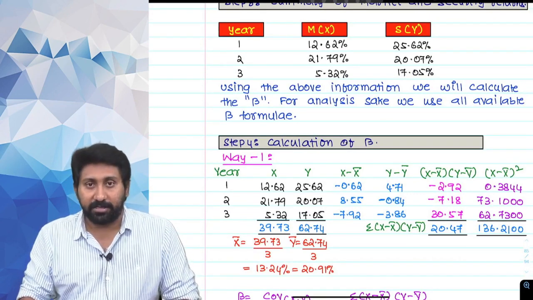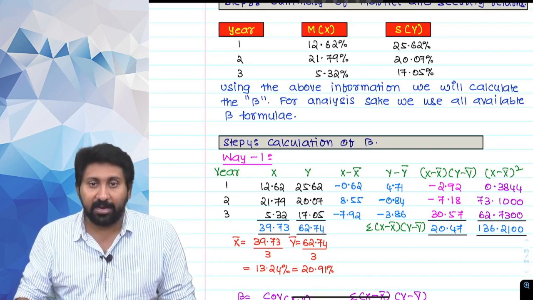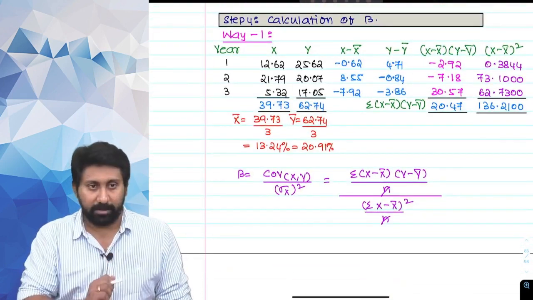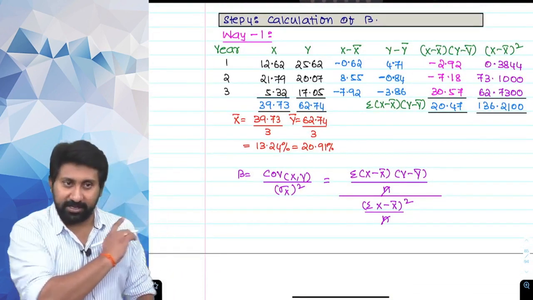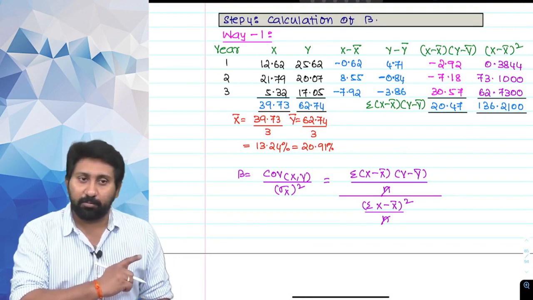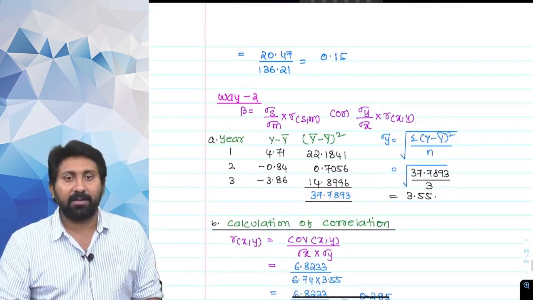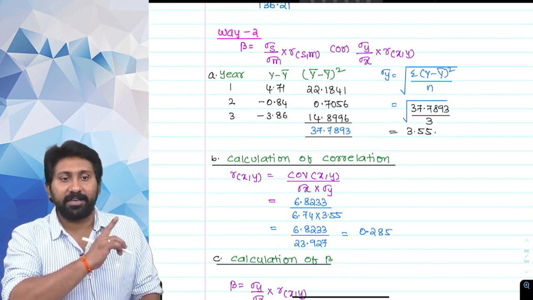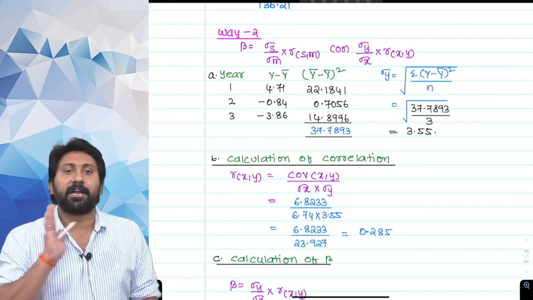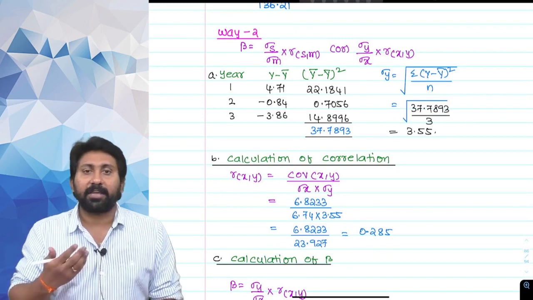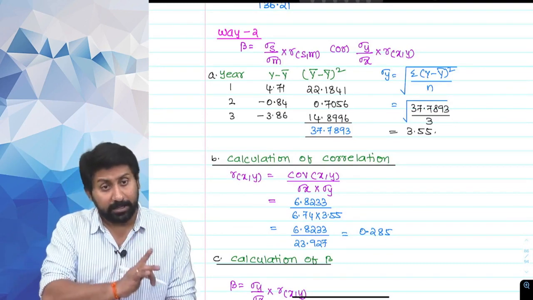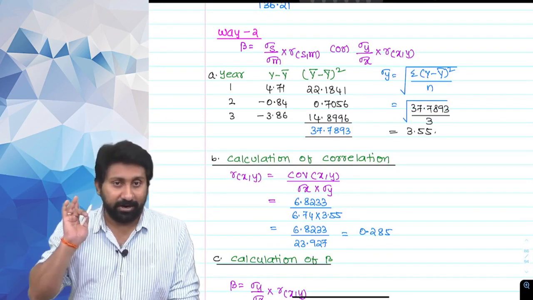Using it, we calculated beta using the covariance model. After the covariance model, we came to standard deviation of security by standard deviation of market, meaning we took the correlation method. As per that also, we got the answer as 0.15.